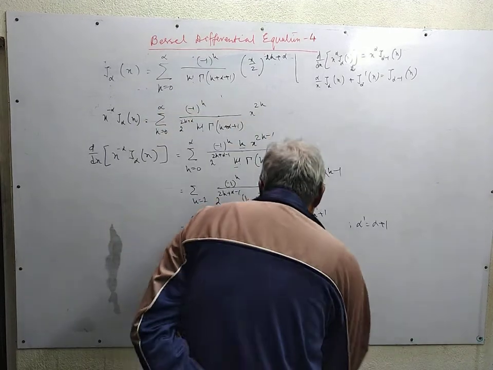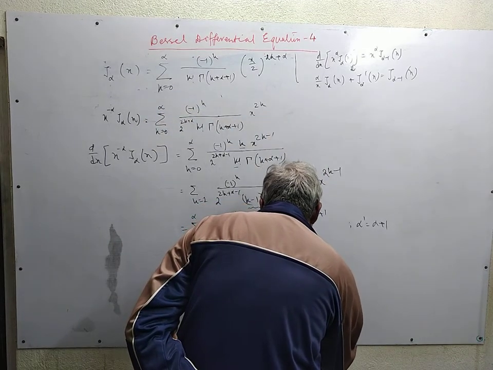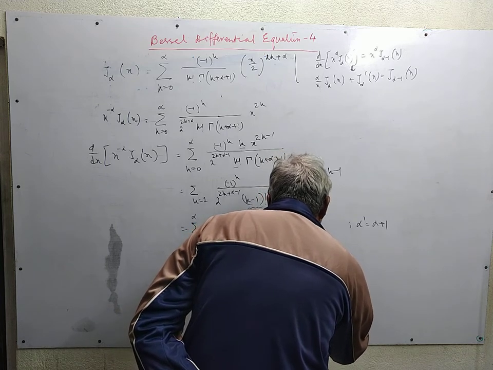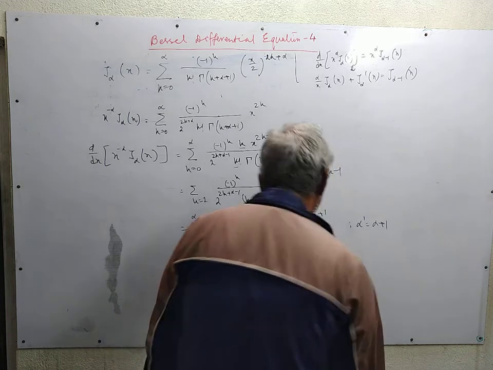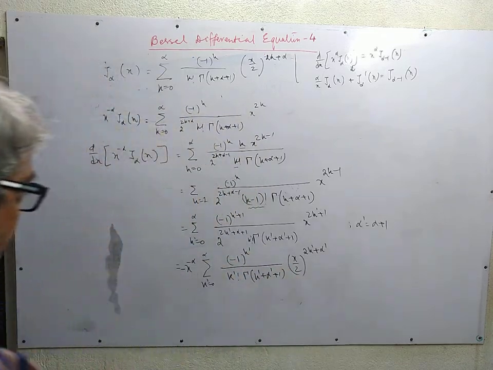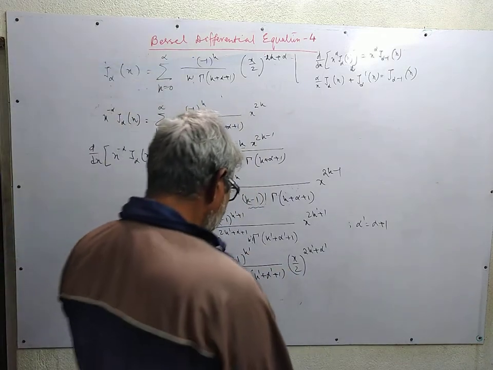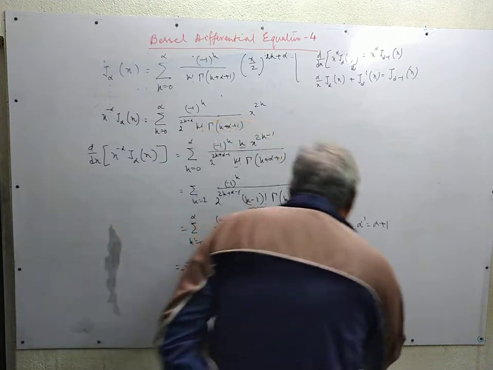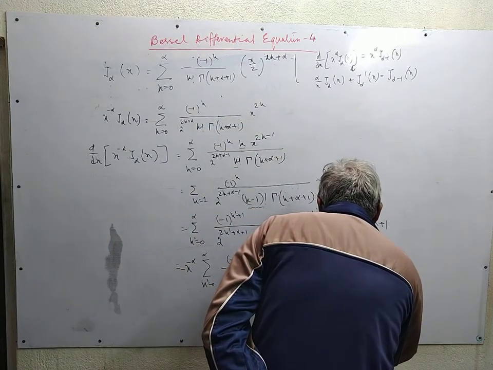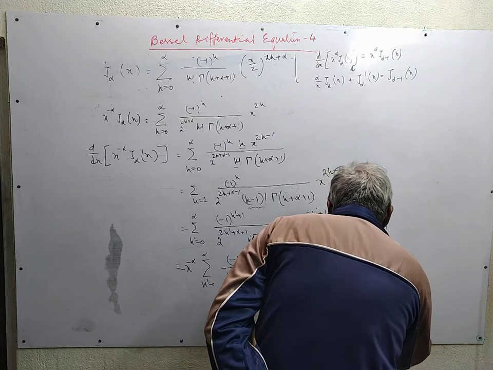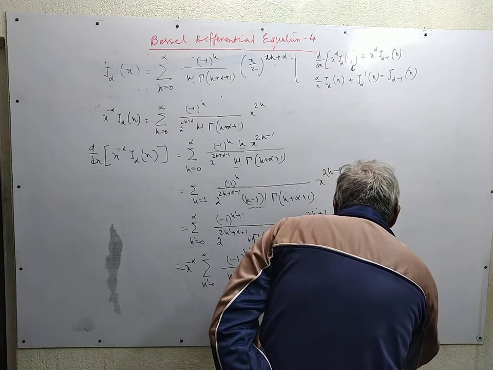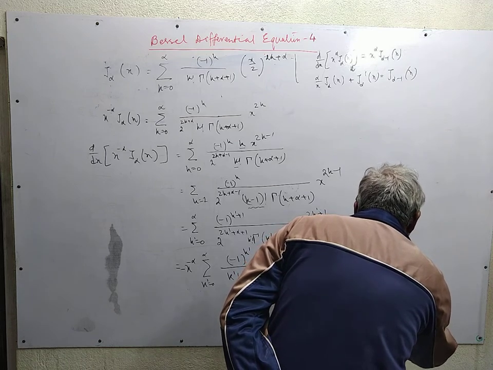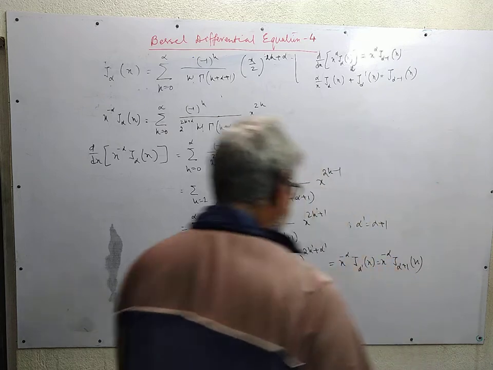and this is x by 2 to the power alpha prime. Check out the adjustment, and this is J of alpha prime, so this is x to the power minus alpha J of alpha prime of x.